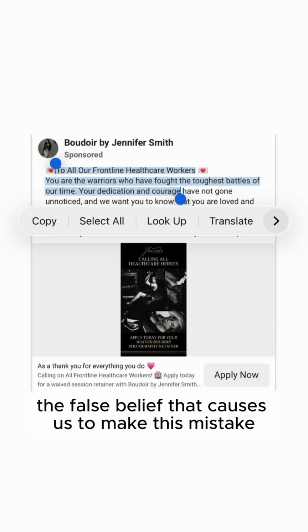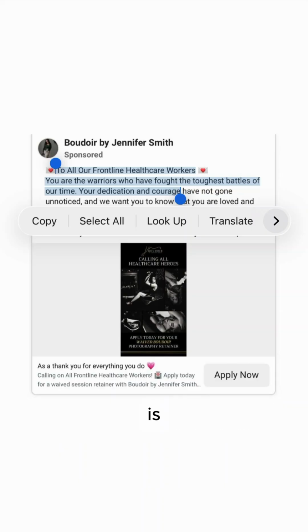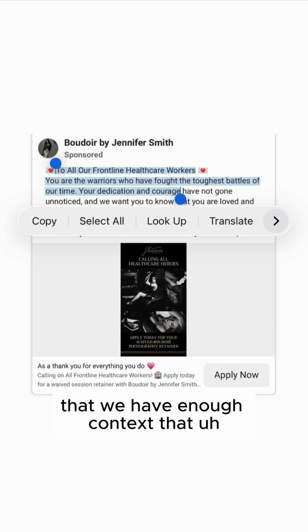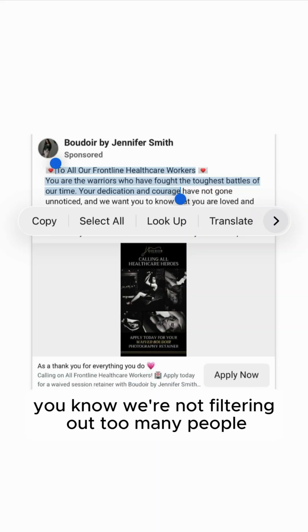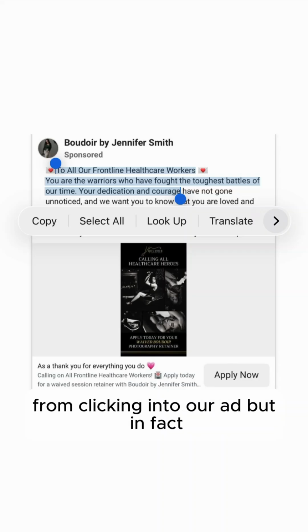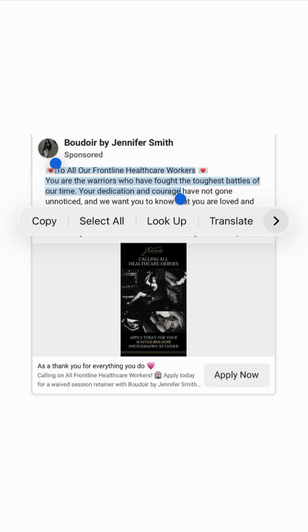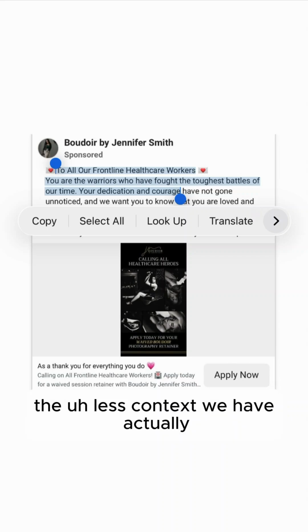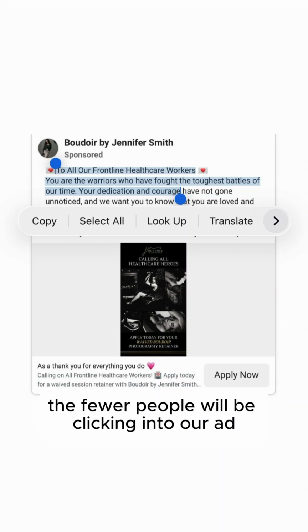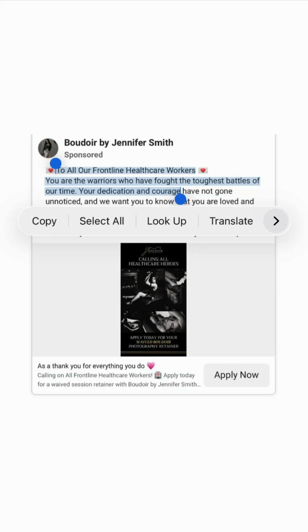The false belief that causes us to make this mistake is that we believe we have enough context that we're not filtering out too many people from clicking into our ad, but in fact, the less context we have, actually the fewer people will be clicking into our ad, up to a point.